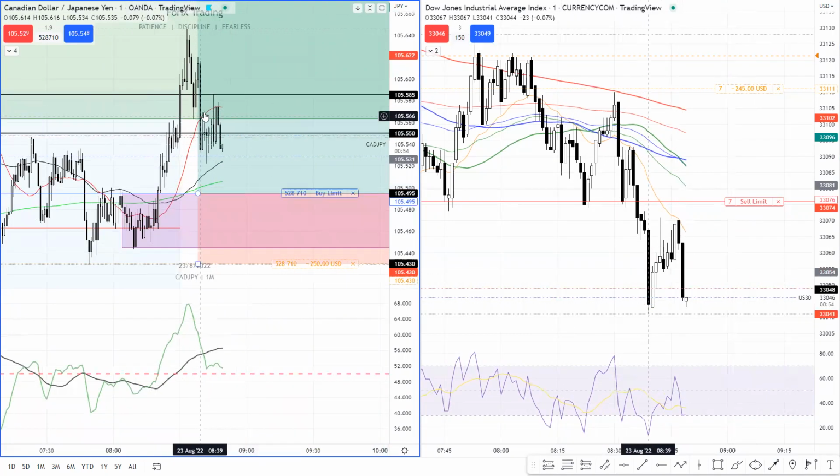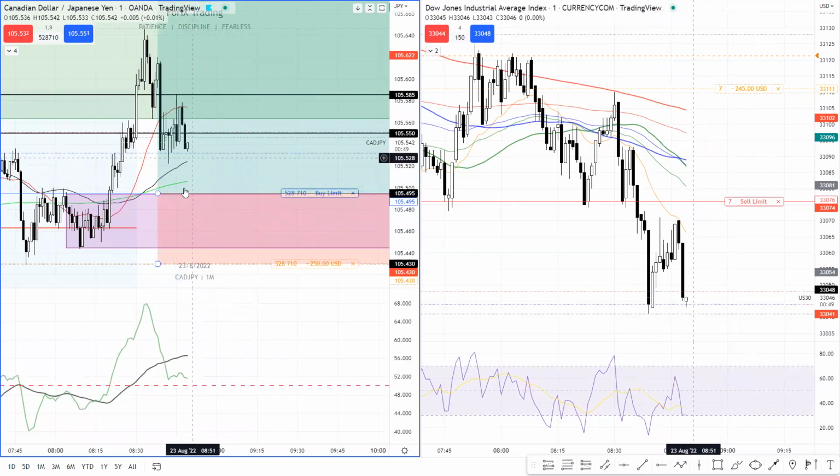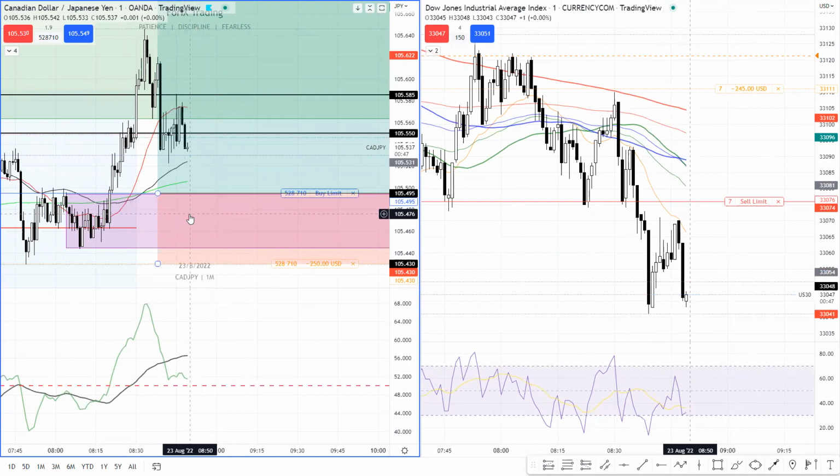We also have the 20 SMA kind of cradling price down lower. Yes, we're bullish, but I would like to take a buy. I want to convert that into a buy. I just want to sell it on the way down.